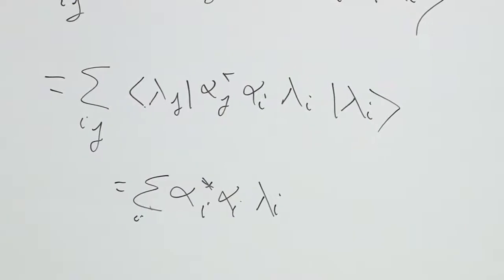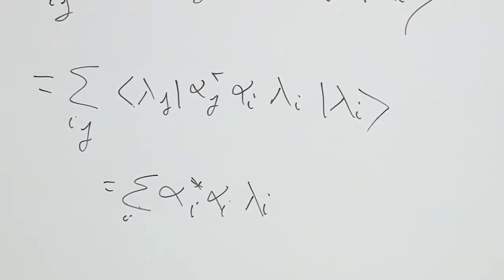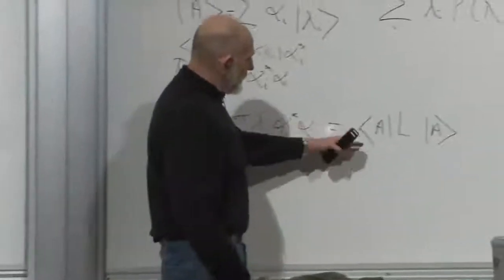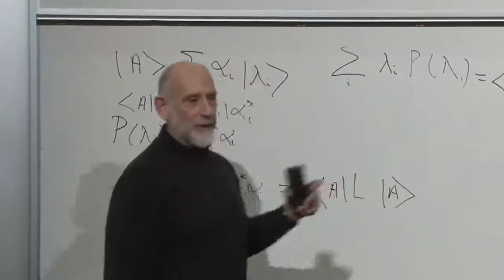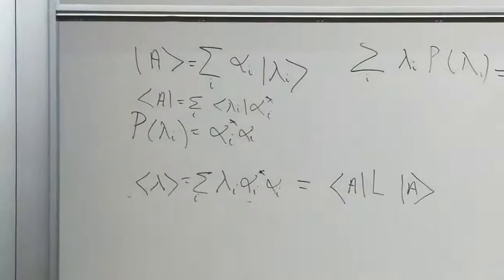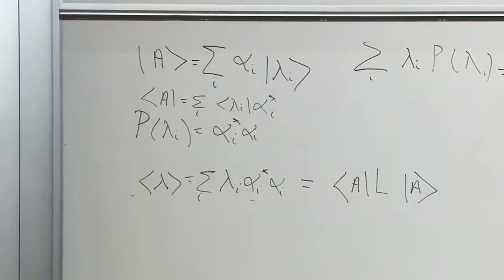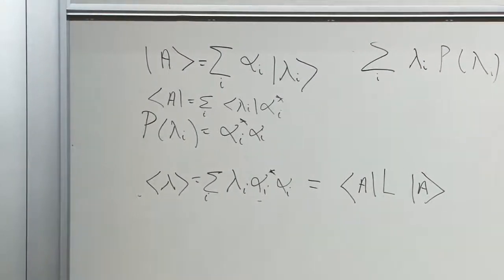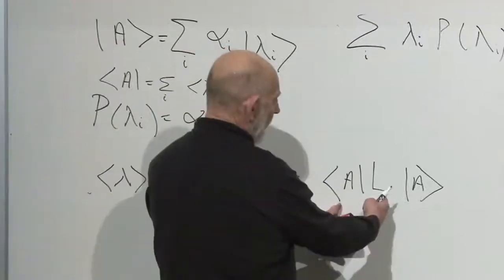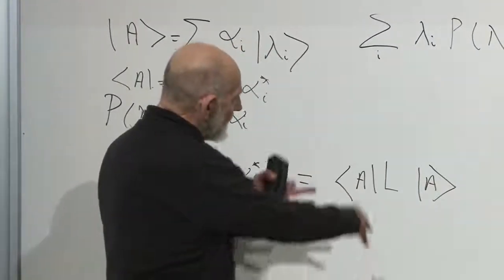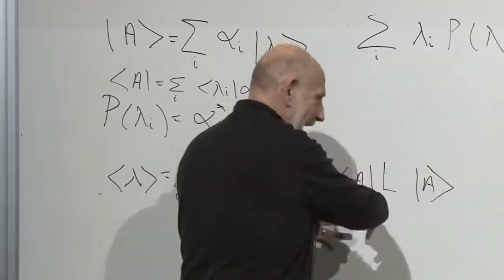So we've proved this relationship here, that the average of any observable is just the sandwich, the bracket made out of sandwiching L, the observable, between a bra and a ket.